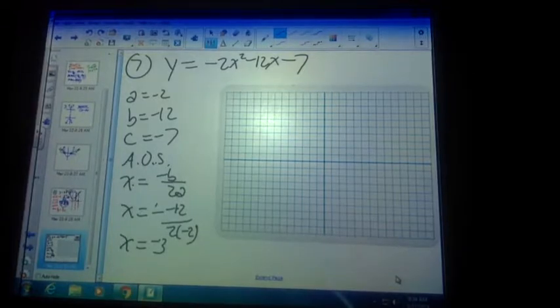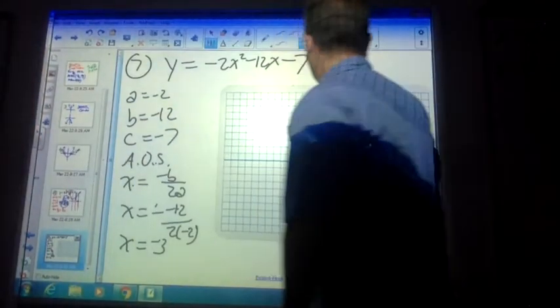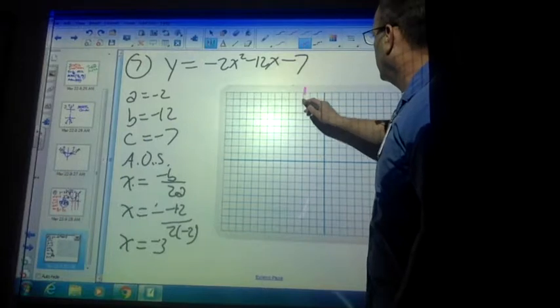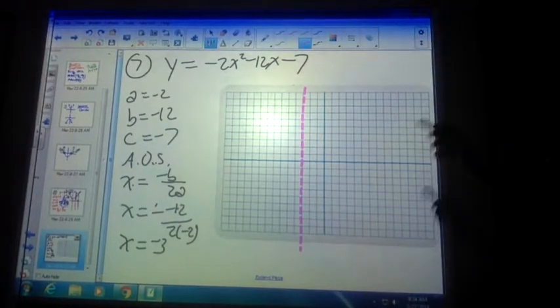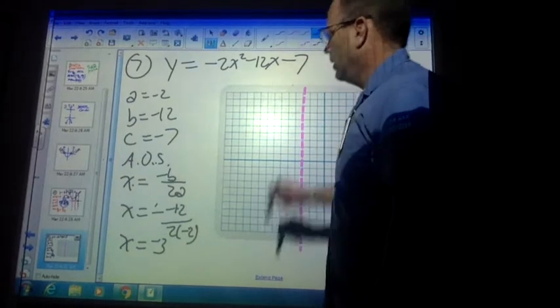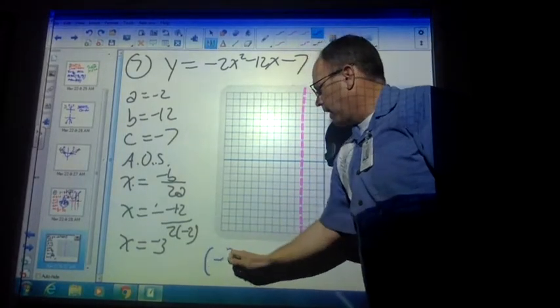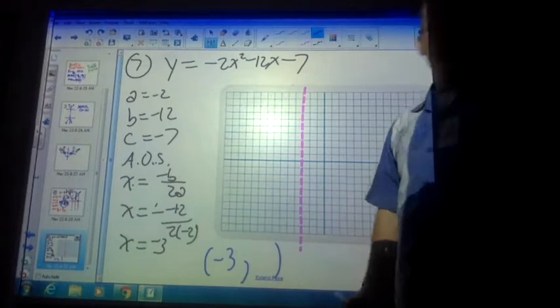So I think we can plot our axis of symmetry, -3: -1, -2, -3. Is that all right? My vertex exists somewhere on that line. So I know my vertex is -3, comma, I need to plug it in.